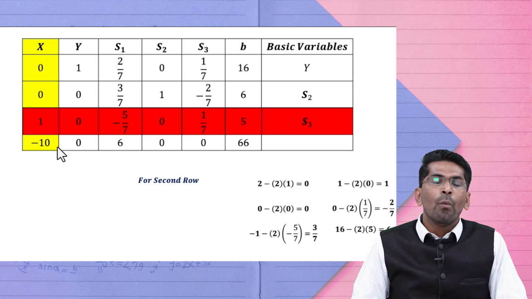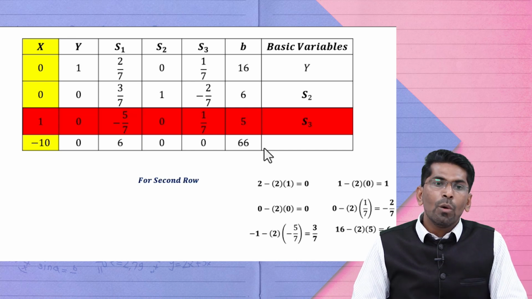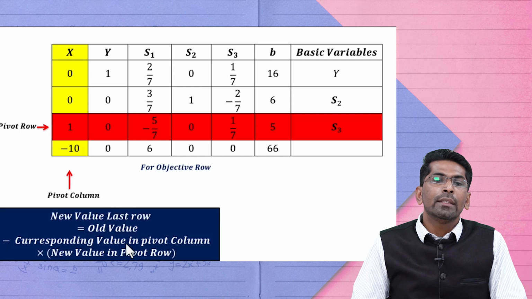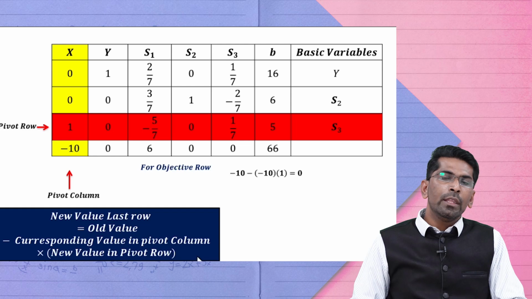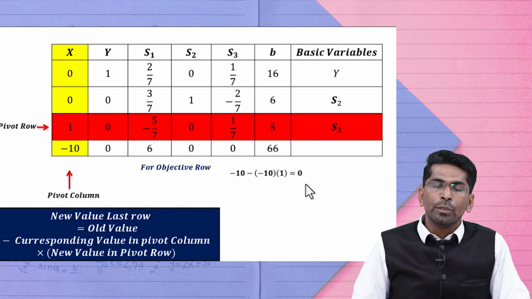Now we have one more row, which is the objective row, which we want to replace. So this is the objective row here: minus 10, 0, 6, 0, 0, 66. We are going to replace it with the new values by using the same formula. So here the old value is minus 10, minus the corresponding value in the pivot column, which is also minus 10, into the new value in the pivot row, which is equal to 1. So that is equal to 0 again.